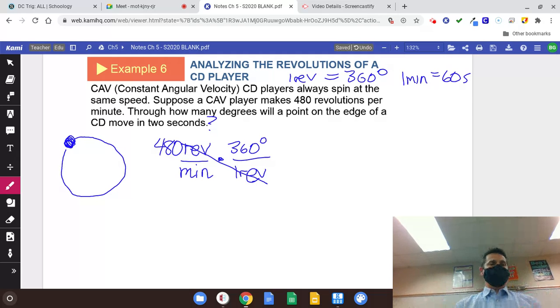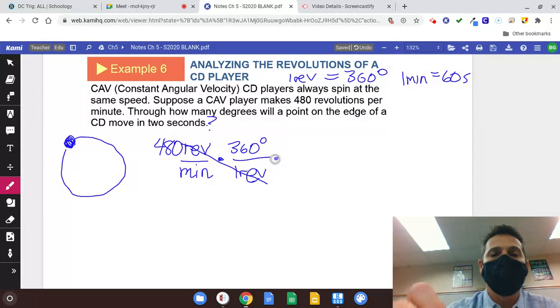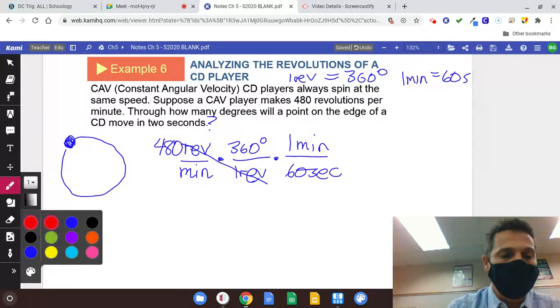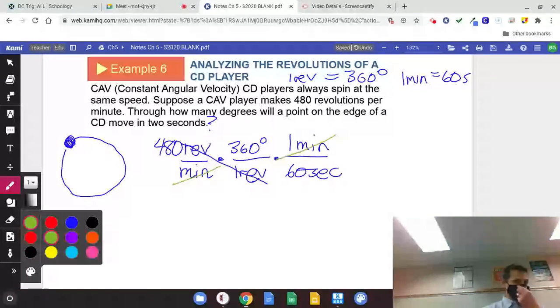So which one goes on top? Minutes or seconds? Minutes, because you want it to cancel out. Okay? I put minutes on the top because I'm going to end up trying to cancel out those minutes right there. Okay? So now I've got degrees over seconds.